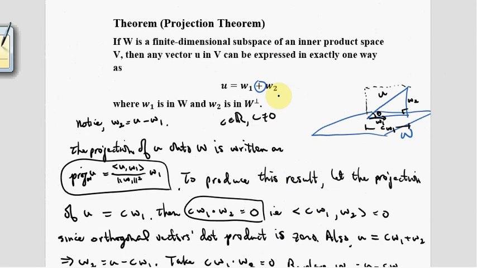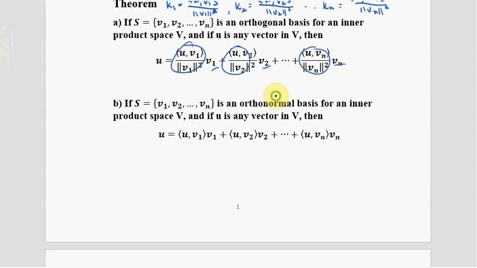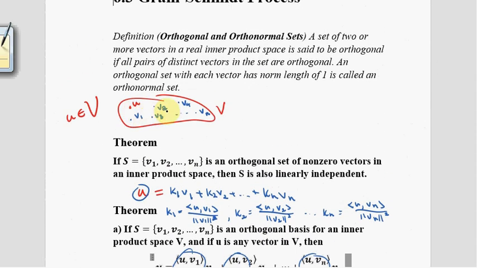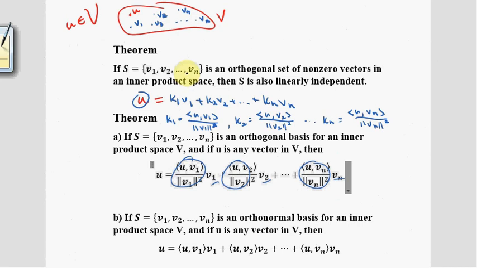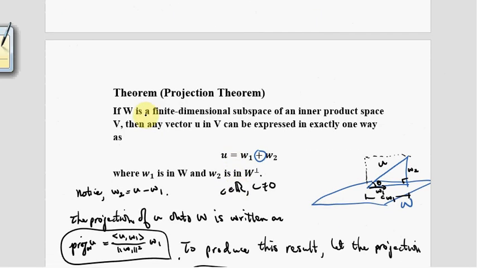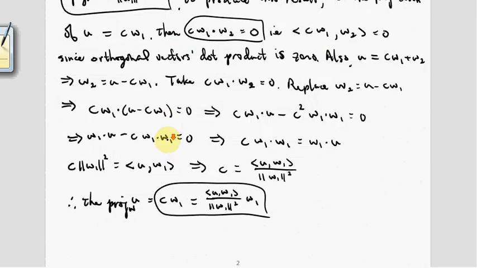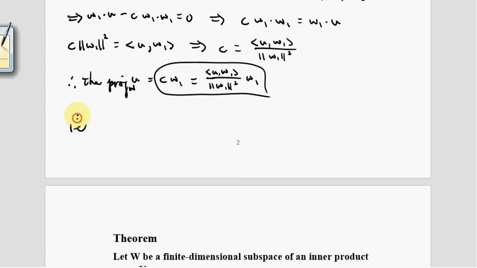Now, what's in W? What's in W is V sub 1, V sub 2, V sub 3. Remember that this capital W is a subspace of V. So W is in V as well. So the projection of U onto W is equal to the inner product of U with V sub 1 all over the norm of V sub 1.